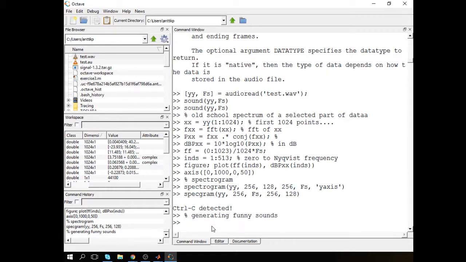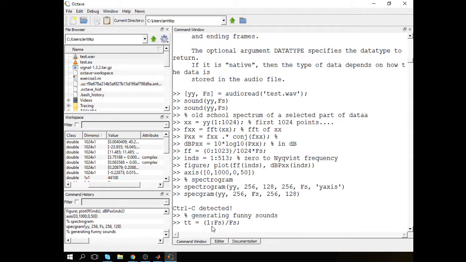Generating funny sounds. So first I will take the sample points 1 to 40,000. Well, I have the FS somewhere. Divided by FS, so this is 1 second long.